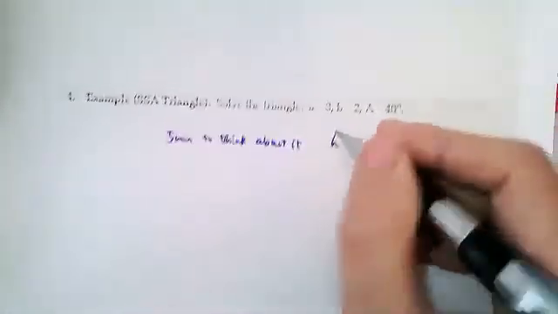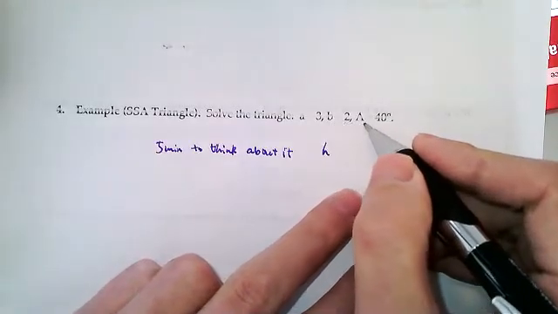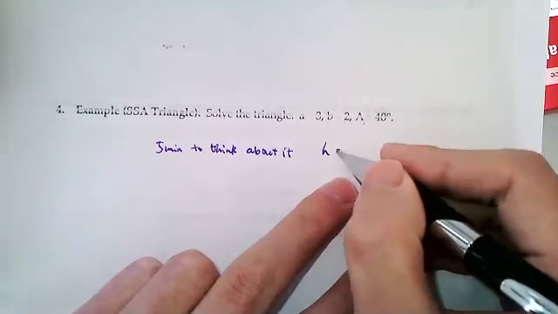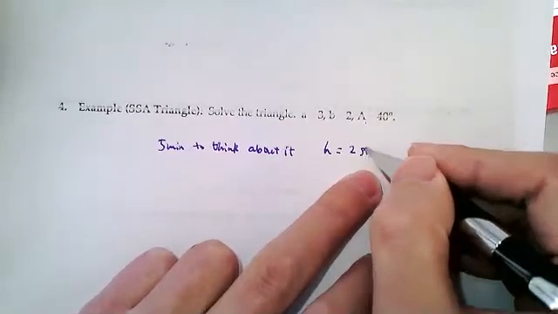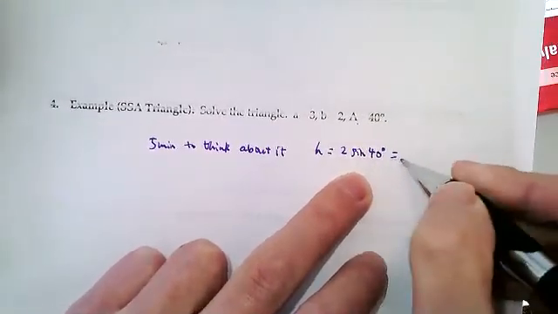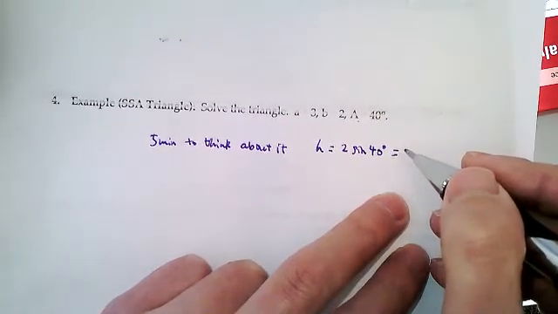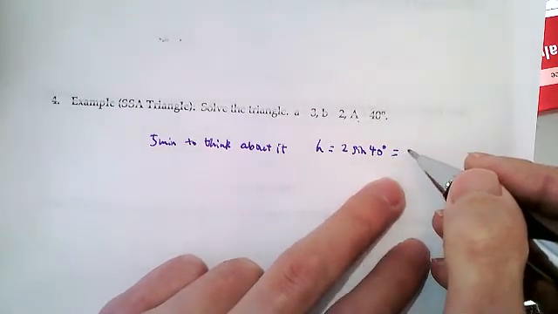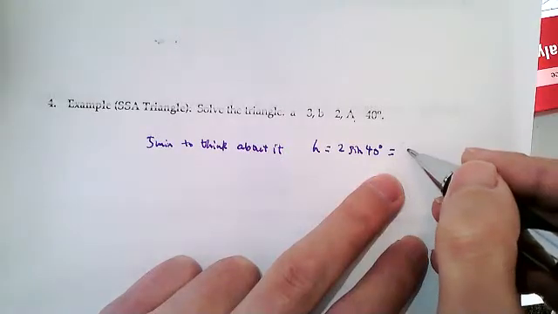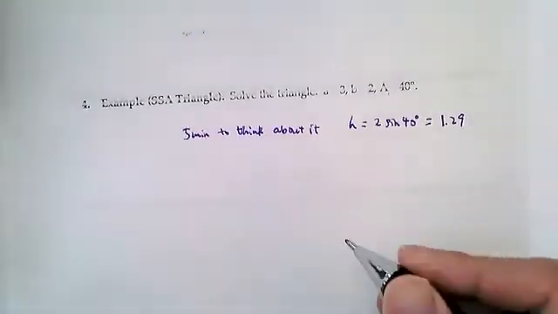Height is whatever side is not the corresponding side, times sine of A. This is what you get. Can anyone tell me what the number is? 1.29. Very good, thank you.